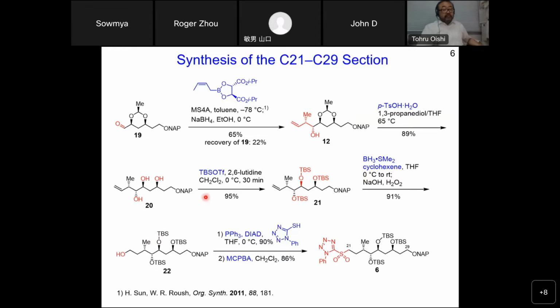Then this primary alcohol was converted to the PT sulfone via Mitsunobu reaction using this thiol, and the resulting sulfide was oxidized with mCPBA to give this sulfone.